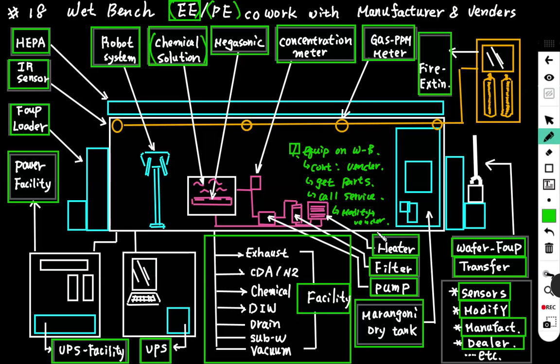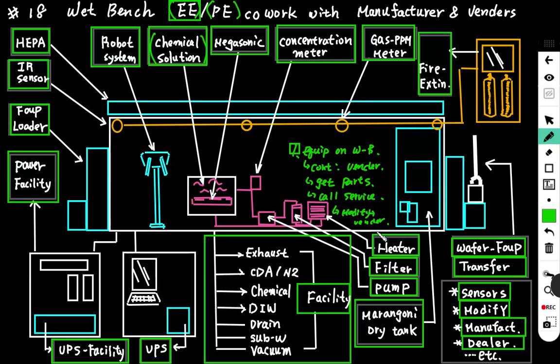So the vendor being nearby your fab, even all the vendors nearby the semiconductor industrial zone, is very important.